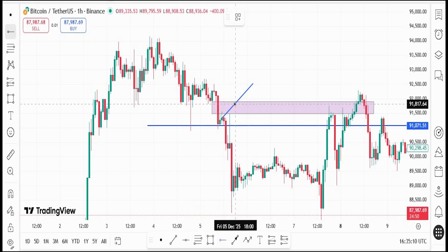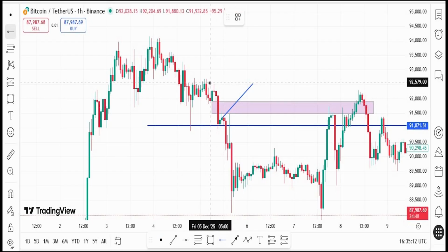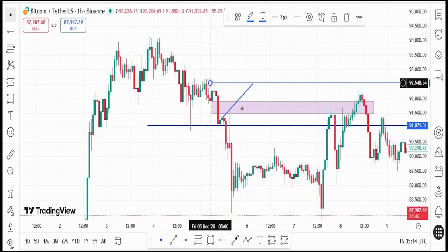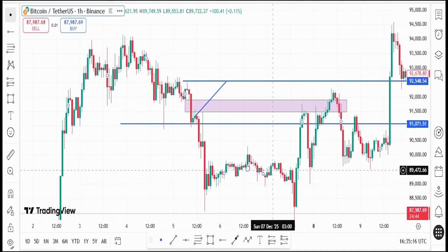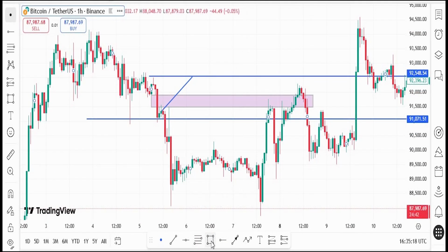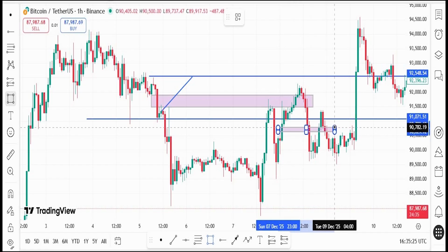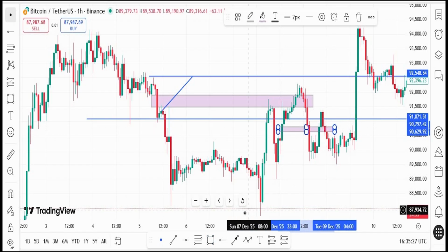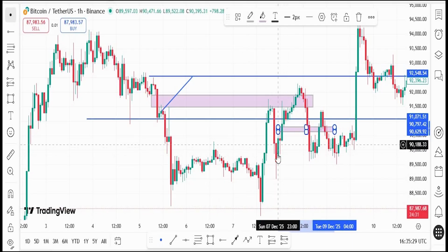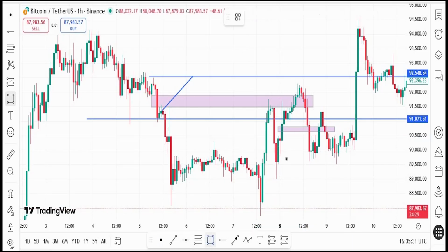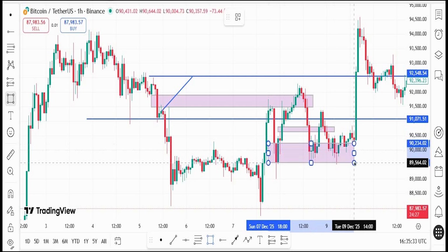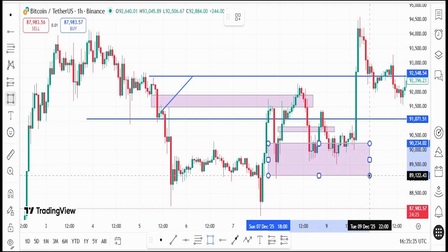We would have placed a stop loss above this order block, and we would have targeted this order block which was not filled initially, or let's say we could have targeted this order block as well. That would have been our profit target.